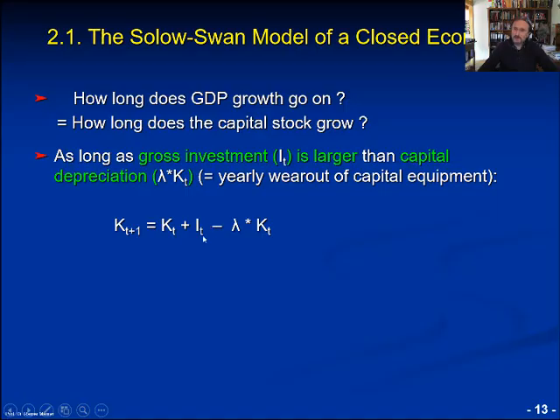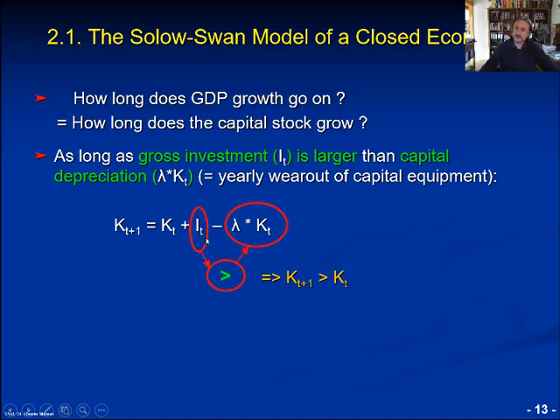If gross investment is larger than depreciation, this number is larger than this number, then the capital stock of the next year will be larger than the capital stock of this year. So in this case, we would have capital stock growth.